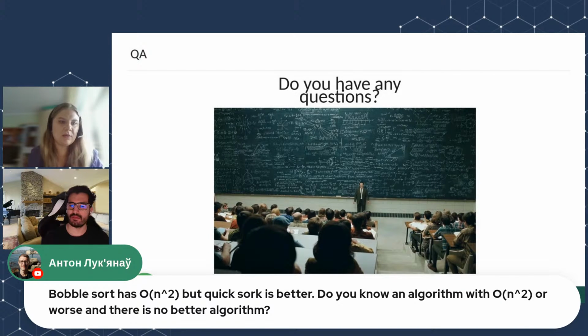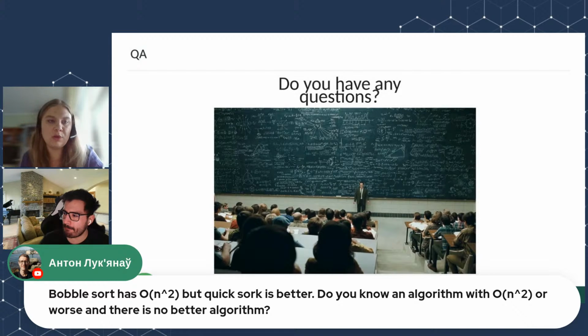I think it's about, for example, here we have different algorithms for sorting, and we have bubble sort with O of n squared, and we have better algorithms. So maybe there is some operation, not sorting but something else, where we have only an algorithm with O of n squared or worse, and there is no better algorithm for doing something.